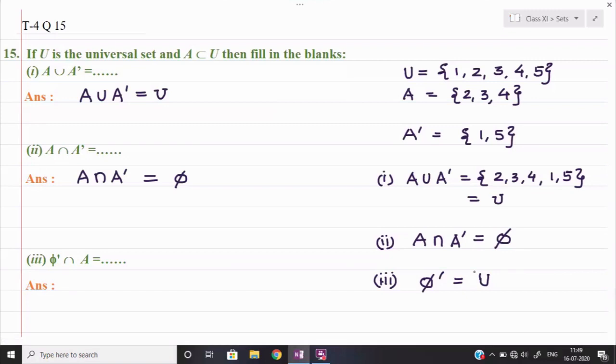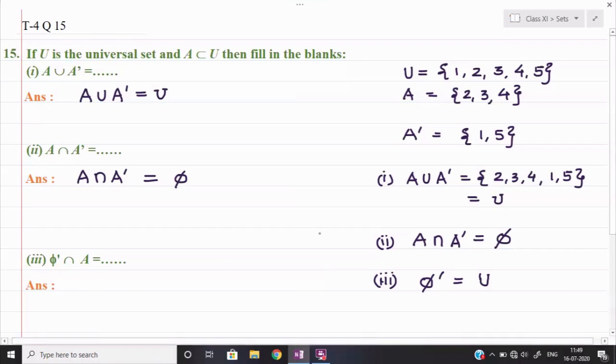For example, suppose I try to find out the complement of A: 2, 3, 4 I am subtracting from U, then the remaining elements 1 and 5 are the complement. But in phi there is no element, so what will you subtract from U? Nothing. Then the remaining elements of U will be 1, 2, 3, 4, 5. All will remain because nothing has been cancelled. So remember, phi dash will always be equal to U.